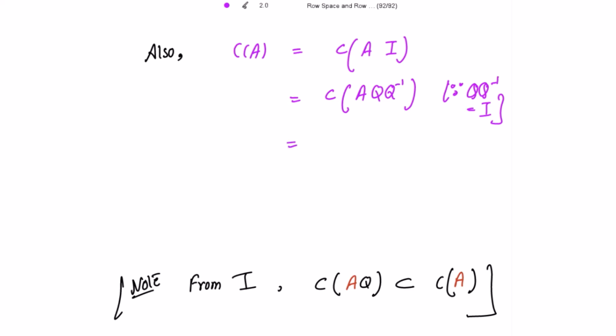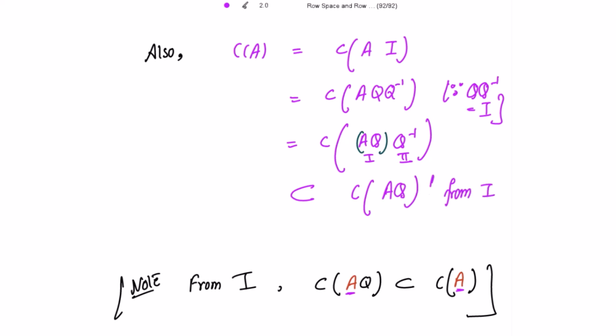So this is further equal to the column space of AQ times Q inverse, and using the first result, where the first matrix is the multiplication of A and Q, the column space of these two matrices is a subset of the column space of the first matrix. So this implies the column space of A is a subset of the column space of AQ.